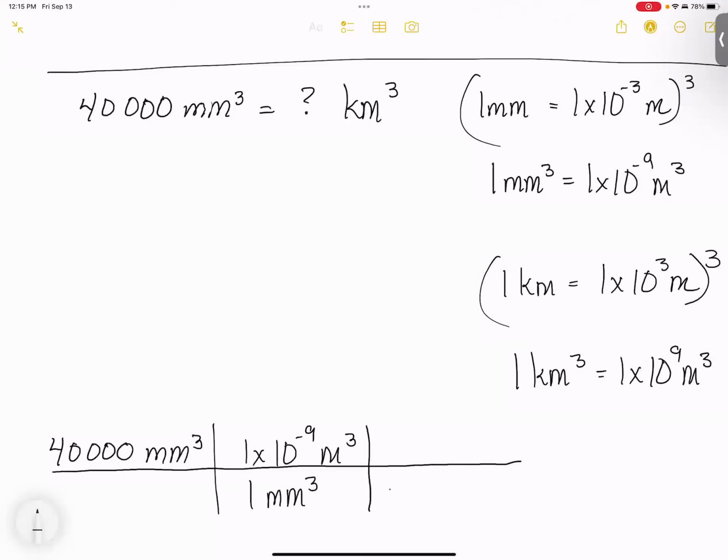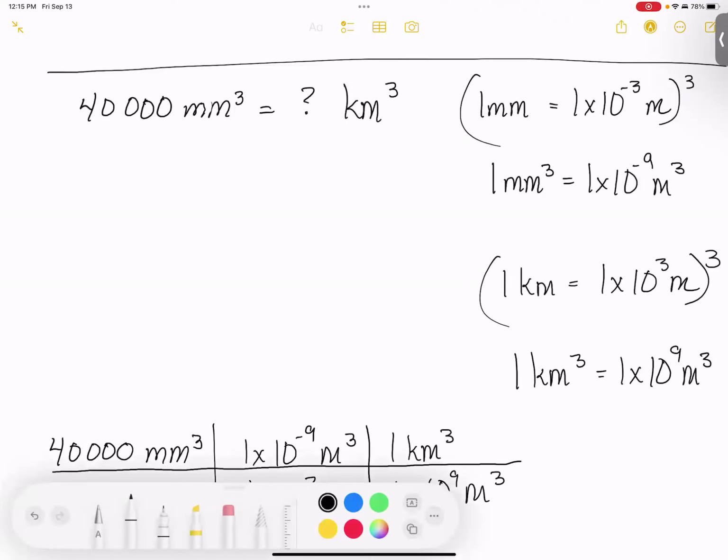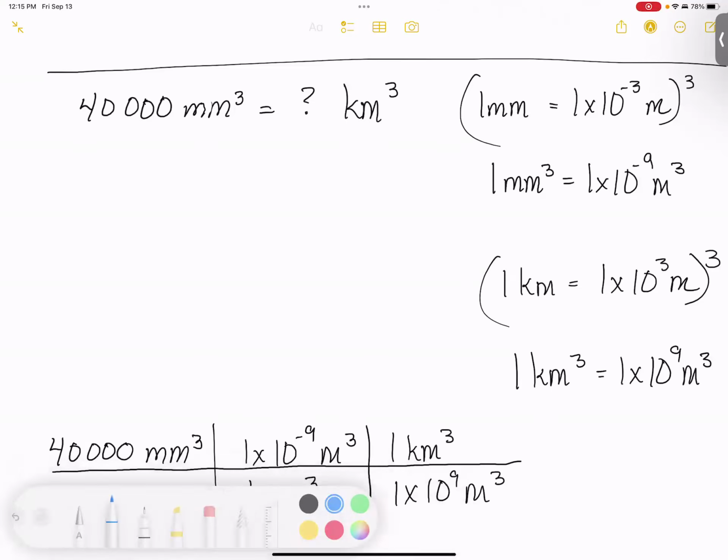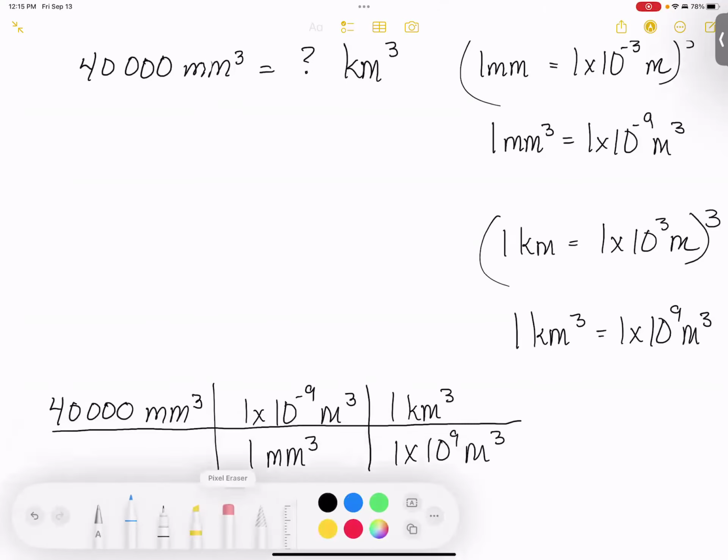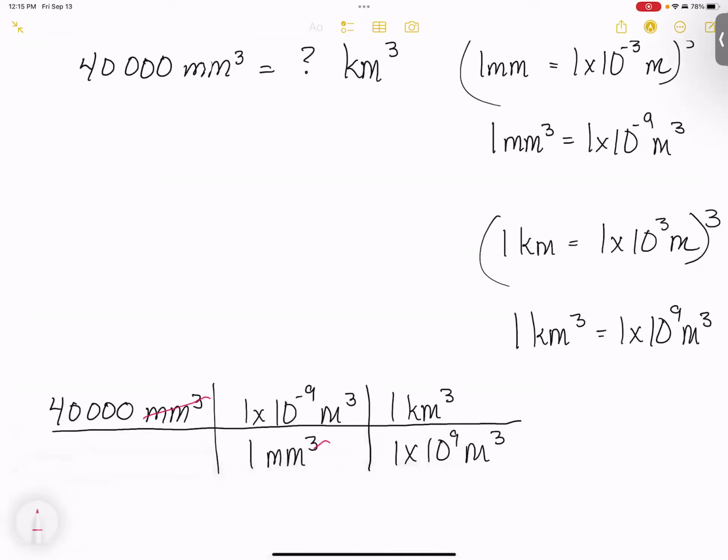And then I can get that into kilometer cubed. 1 kilometer cubed is going to equal 1 times 10 to the 9 meter cubed. Just like what we were doing on Wednesday, you will notice that my units cancel out.